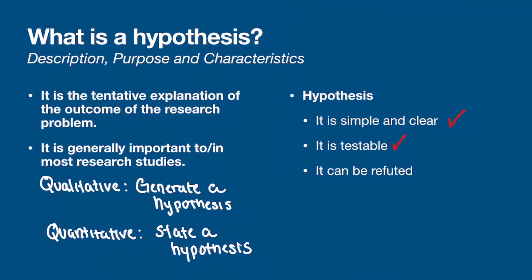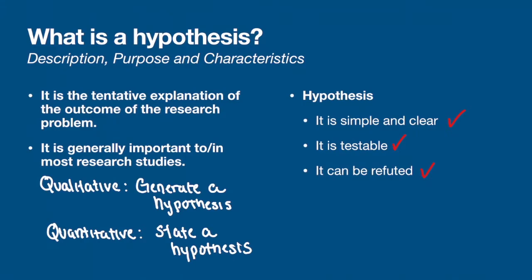We're willing to do away with it if for some reason it doesn't hold up through testing. And then lastly, because of that, we want to make sure that our hypothesis is something that can be refuted. In other words here, we don't want to hold on to our hypothesis or our expectation of the outcome of a study. We want the research to speak for itself.